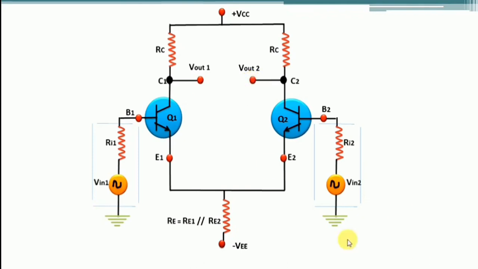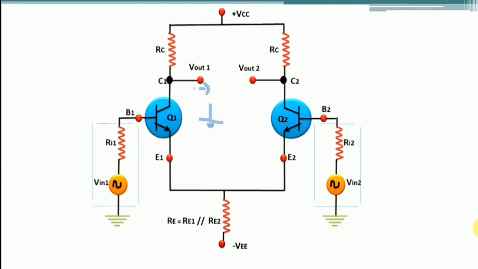Or else, when the output is taken between one collector terminal with respect to ground, then it is called an unbalanced output or single-ended output.